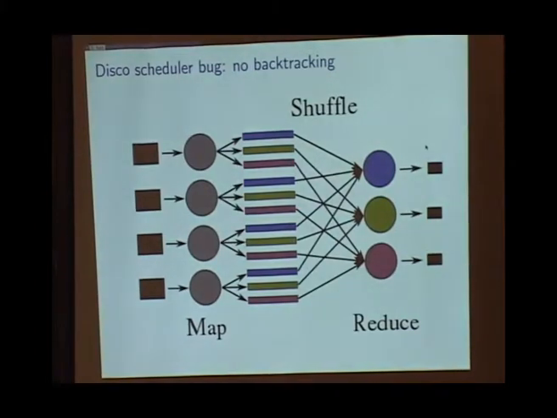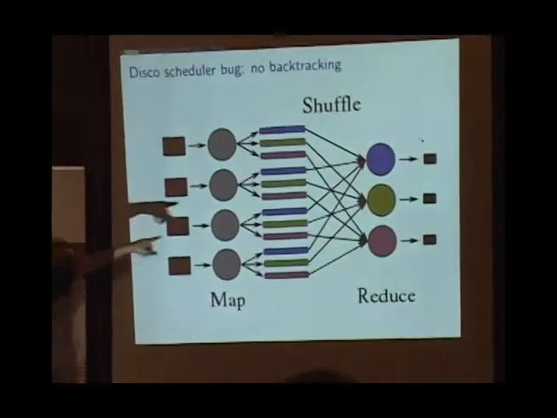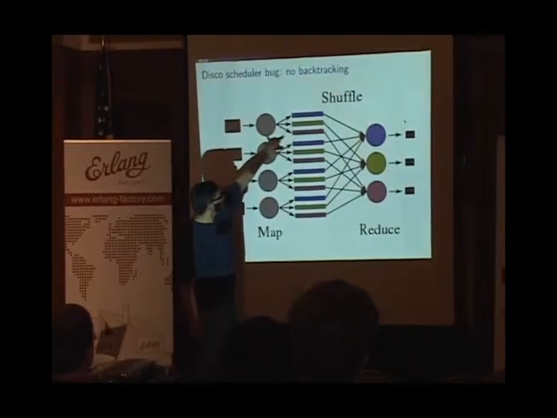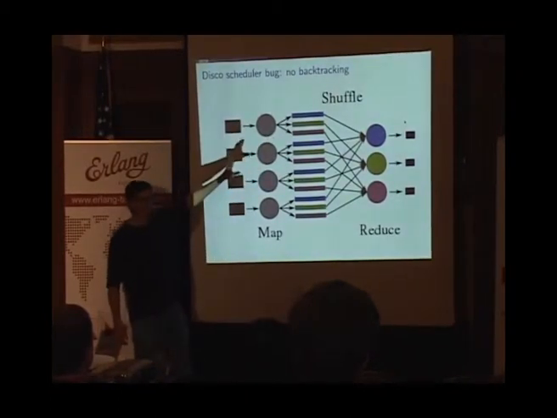And the motivation for the new stuff that I'm going to talk about is a bug in the scheduler. It doesn't backtrack. So what happens is that currently, if you run your maps, you do your shuffle, and you start running your reduces, and by the time you start running your reduces, one of the nodes on which the map ran goes down, your reduce cannot access this data because the node on which this data was hosted goes down.